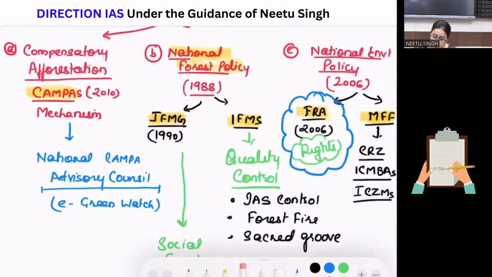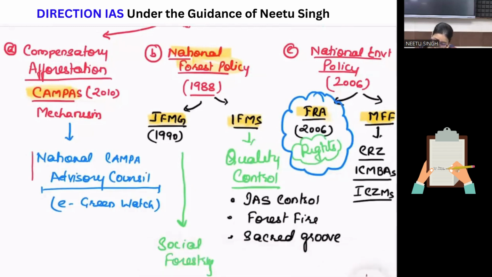What exactly is the mechanism's purview that you have to take into account? CAMPA stands for Compensatory Afforestation Management and Planning Authority. And e-Green Watch is electronic green watch, the control in the hand of the National CAMPA Advisory Council to take care of compensatory afforestation.